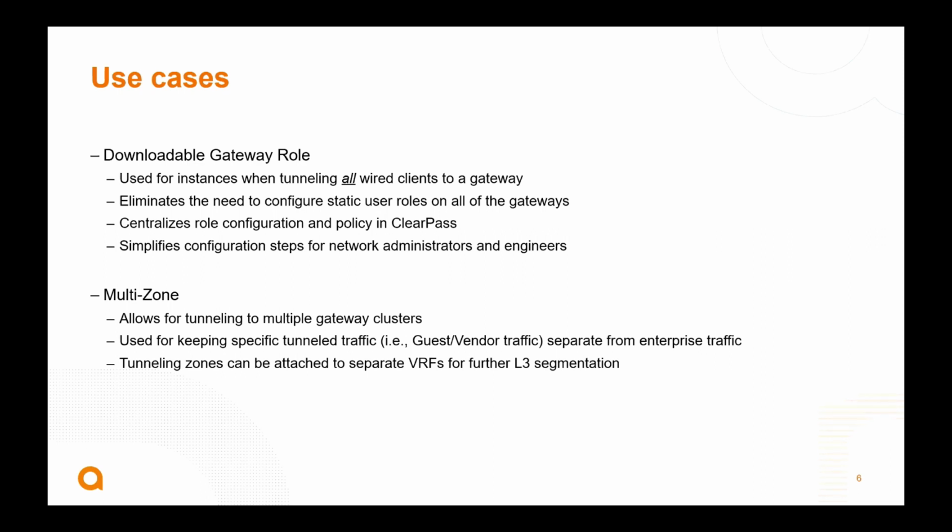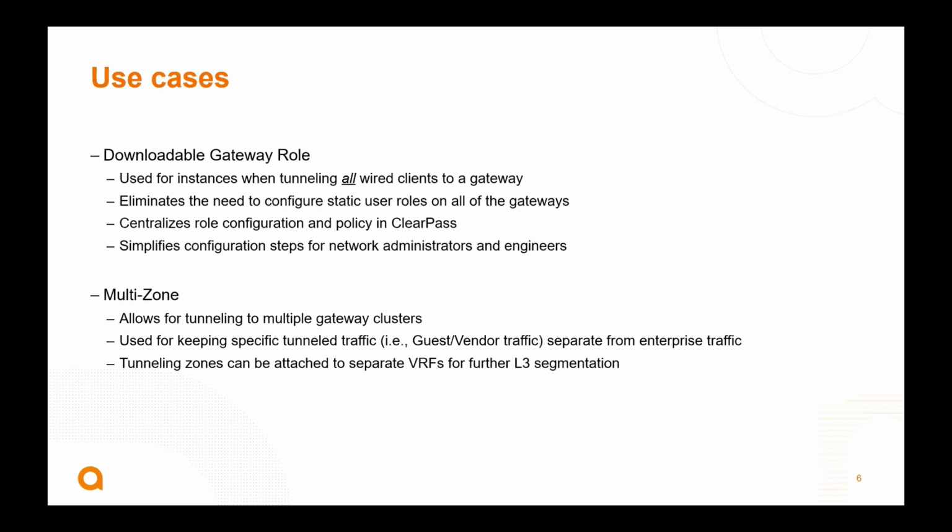For multi-zone, one of the primary drivers is that it keeps specific tunnel traffic separate from the rest of the enterprise. For instance, guest traffic or vendor traffic, you might want to keep that separate from the rest of your network infrastructure, so there can't be any crosstalk between clients and the ability to, heaven forbid, access the main enterprise network infrastructure.